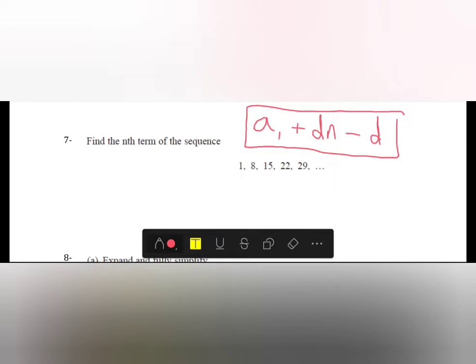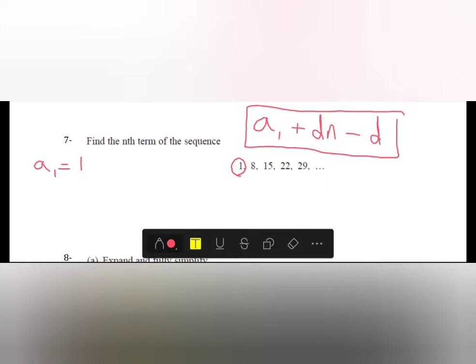A1 is the first term in the sequence. So A1 is 1 here. So we write A1 equals 1. That's the first thing. And then we're going to find D, which is the difference or the first difference in the sequence. Now, to find the first difference, we take the term and subtract from the term before it.